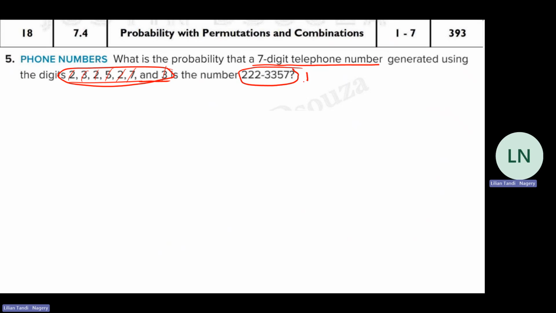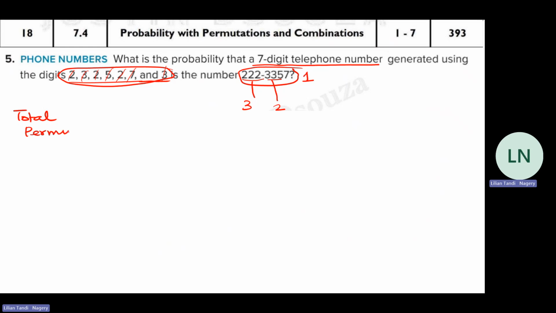Okay. But now, here you have to notice there is repetition. 2 is being repeated 3 times. And then 3 is being repeated 2 times. So how are you going to find your total permutations? First, you always have to find your total permutations.